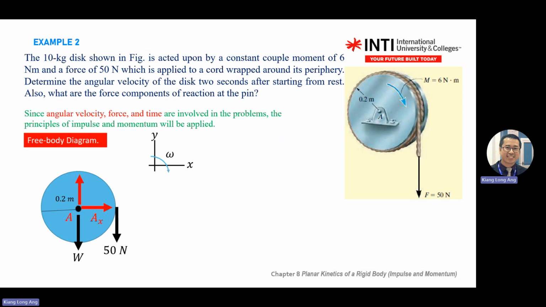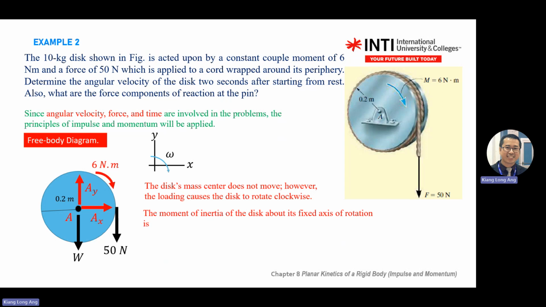But if you get a negative value after you find it, you need to explain what is the real direction for your Ax and Ay if you draw in a different direction. Then you put in the external moment, 6 Newton meter.